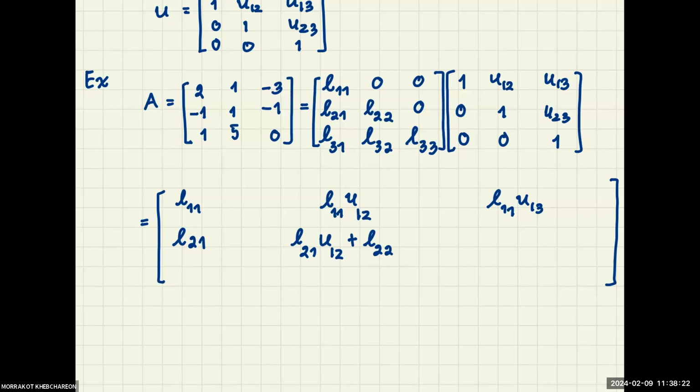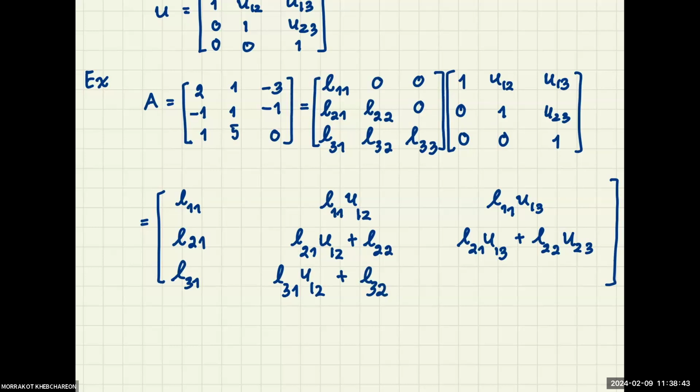And then you do multiplication, L21 U13 plus L22 U23. The last row, first column, L31, and then L31 U12 plus L32.